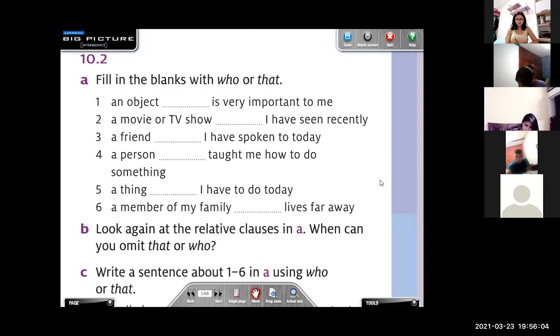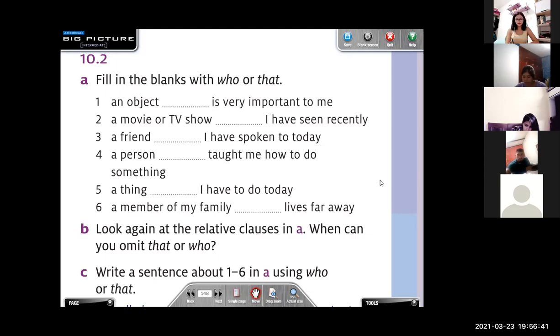Was my question. Oh, what exercise? This one that I am showing you on the screen. An object that is very important to me. Okay, how do you complete the sentence? You are lost, Sebastián, está perdido. Cuando a usted se le corte el internet y no sepa qué estamos haciendo, debe preguntar. ¿Ok?